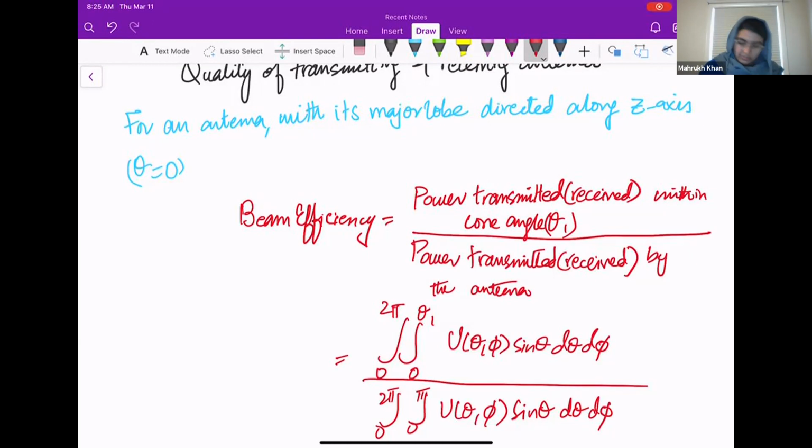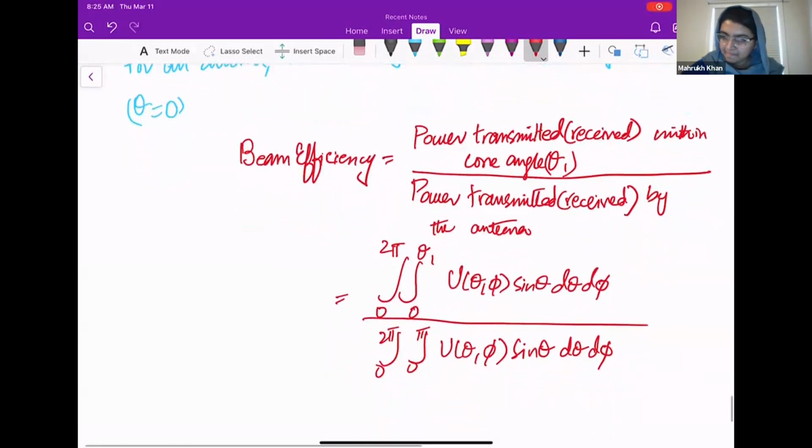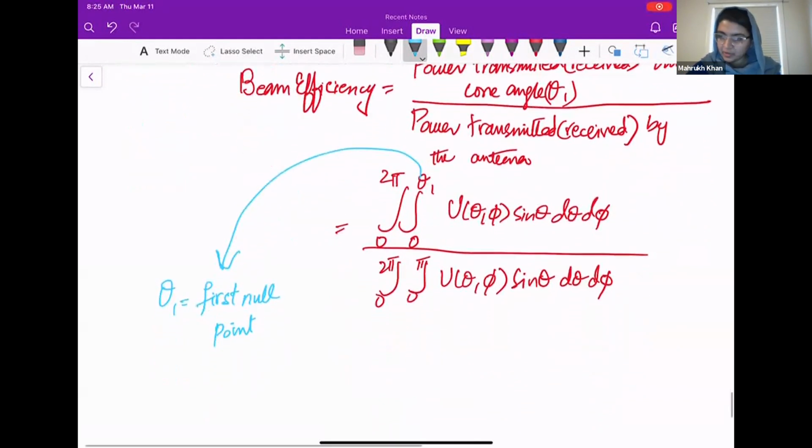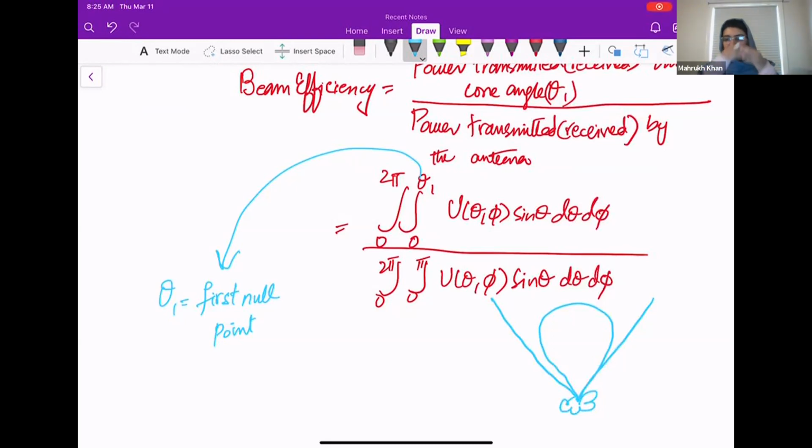So if we choose that this theta 1 is your first null point, means that you are talking about beam efficiency in this region over the power in the total area, then this will indicate that you are talking about beam efficiency in a major lobe.